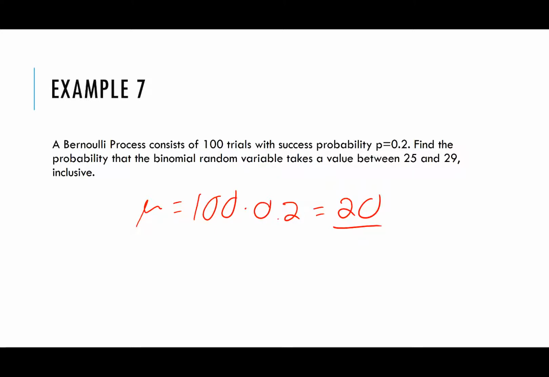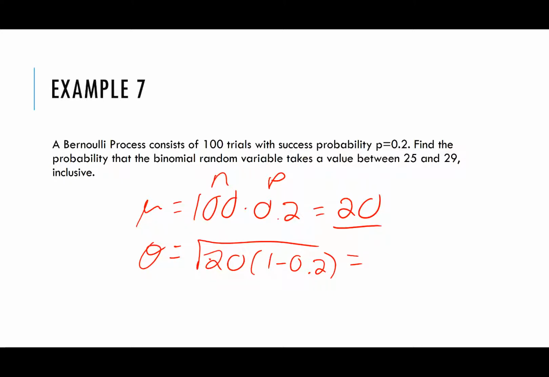That's your mean. Our standard deviation, following the same idea, uses that formula: n times p, which we already know is 20, times 1 minus p, where p is 0.2. That will tell us the standard deviation, which in this case is 4. So using just these little formulas and the numbers given, we know the mean and the standard deviation.